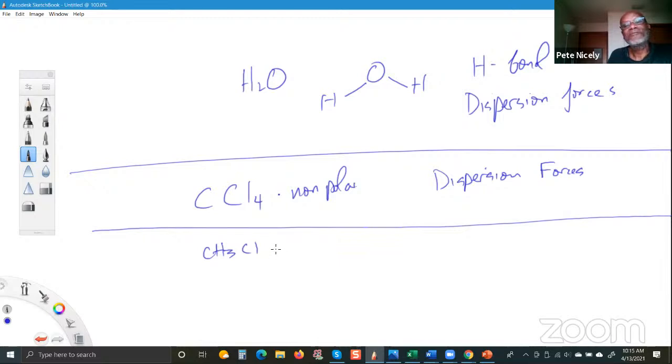So the first thing we'd have to find out is whether or not this molecule would be polar. So what do you think? Is this molecule polar? What do you think the shape of this molecule is?